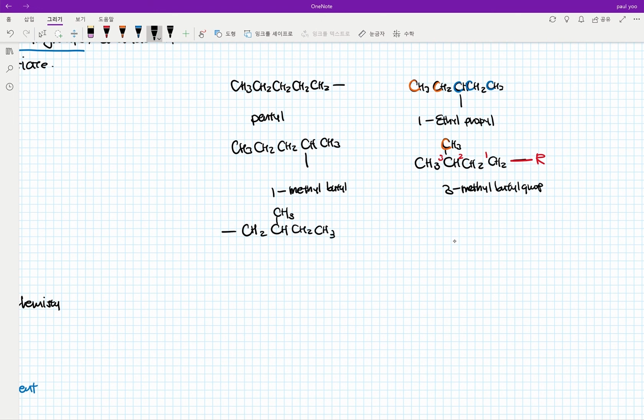This case is going to be 2-methylbutyl group. The second carbon is that.